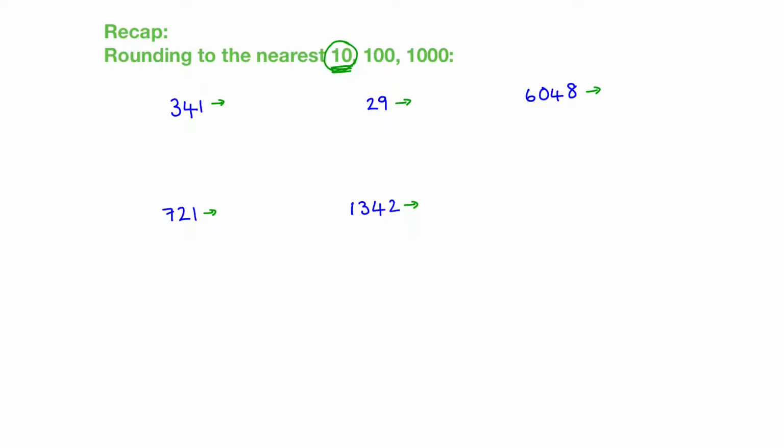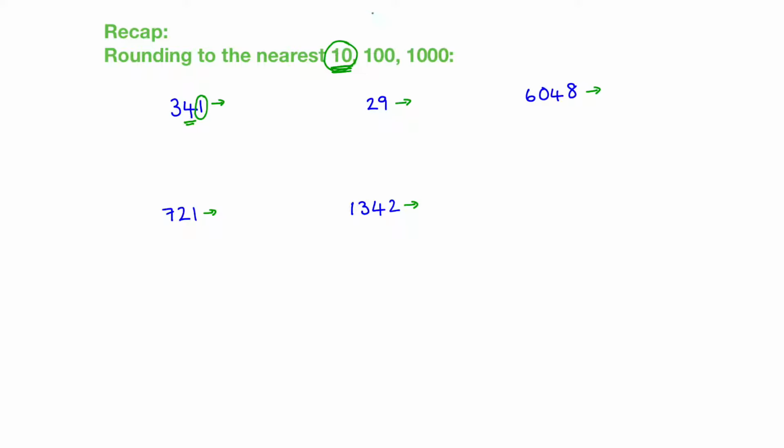So the nearest 10, remember what I've asked you to do is pick out the tens digit, okay? So in this one, the tens digit is the 4. 4 stands for 40, 4 tens. So that's what we need for this one. And then we look at the 1 to help us understand whether the 4 stays as a 4 and makes it 340, or whether it moves up 1 to a 5 and makes it 350.